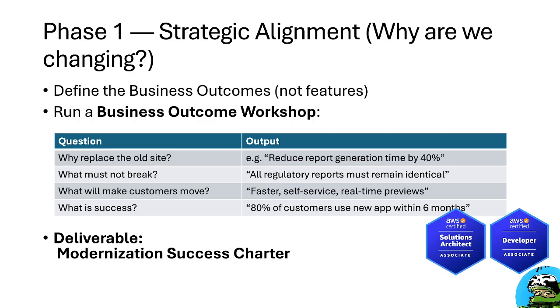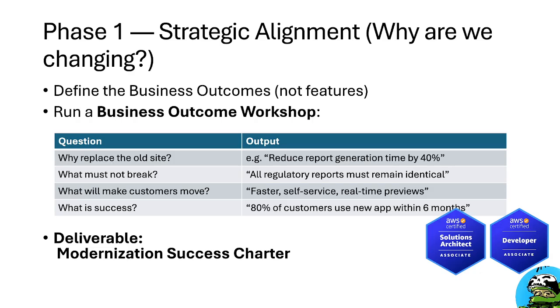They can preview the reports as they go along, without generating the actual report yet. So real time. And then there is what is success: 80% of the customers will use this new web app within 6 months. So that is what we are going to set in this phase. We're going to set what is success, what we are going to improve, and what are the things that will not break.